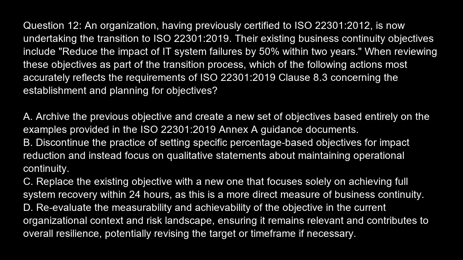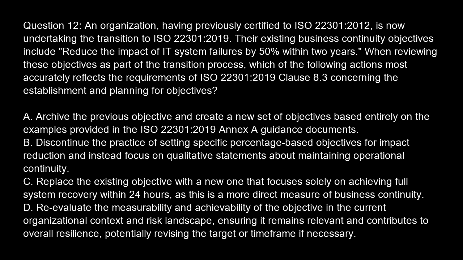Option A. Archive the previous objective and create a new set of objectives based entirely on the examples provided in the ISO 22301:2019 Annex A guidance documents. Option B. Discontinue the practice of setting specific percentage-based objectives for impact reduction and instead focus on qualitative statements about maintaining operational continuity.